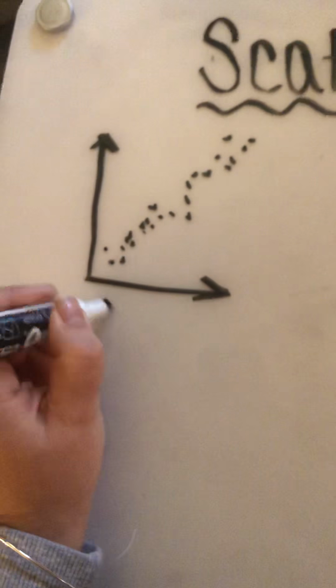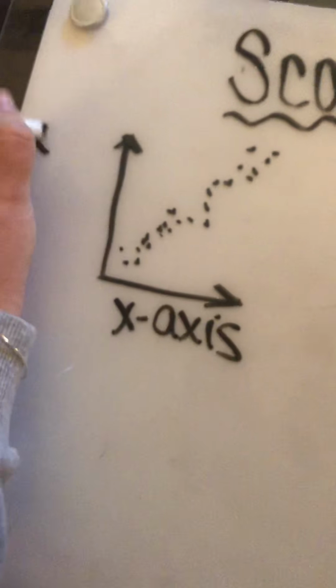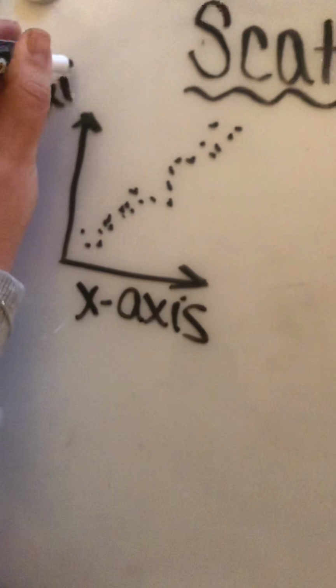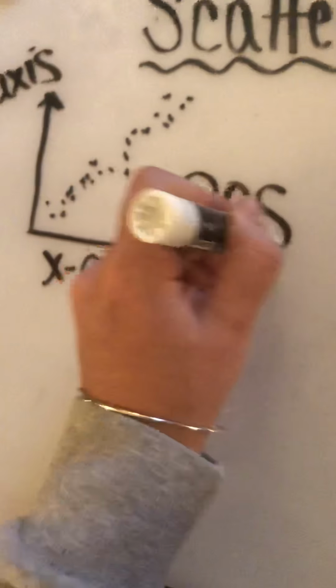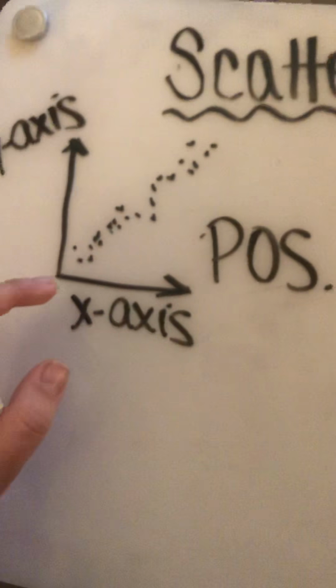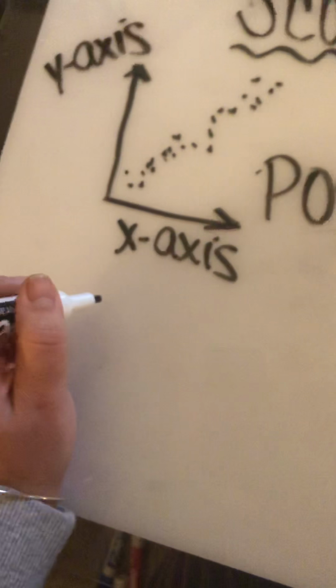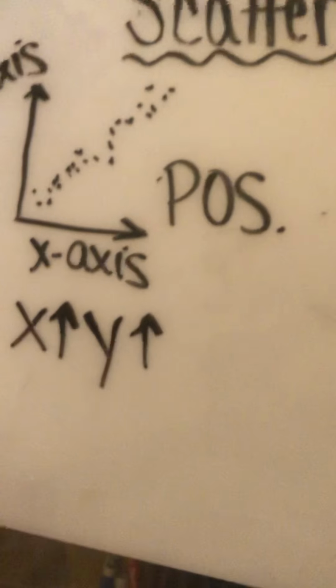So we have our x-axis and our y-axis. In a positive correlation, which is what this one is, you'll notice that as your x values increase, so do your y's. So x increases, y increases.